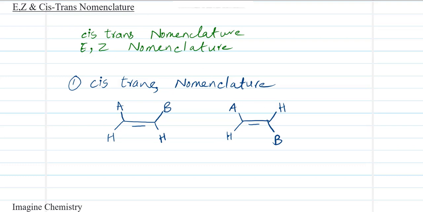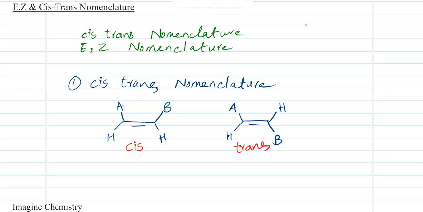So the concept behind cis-trans nomenclature is very simple. For the case where the two substituents are on the same side, it is the cis isomer, and for the case where the two substituents are on different sides, it is called the trans isomer. So this is the only concept behind cis and trans isomerism.